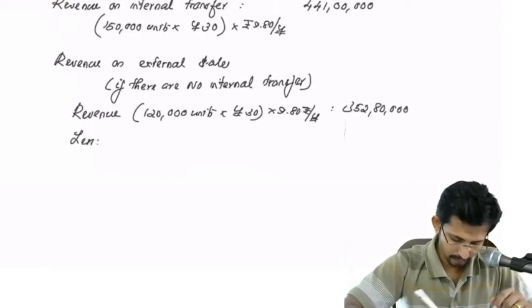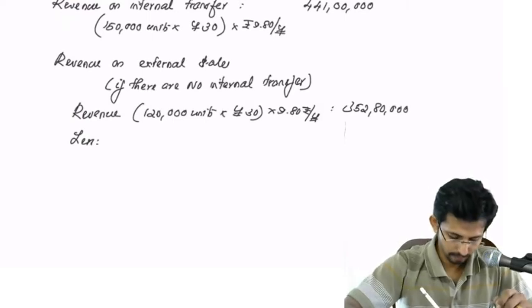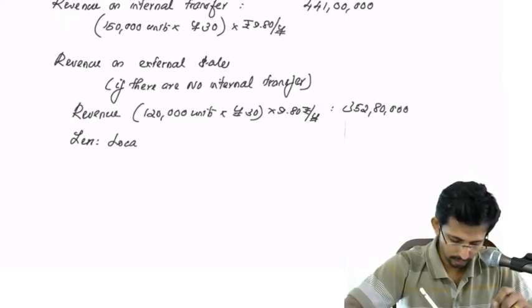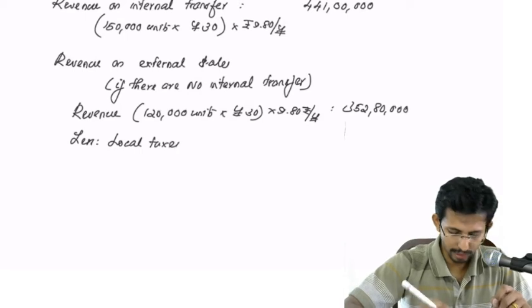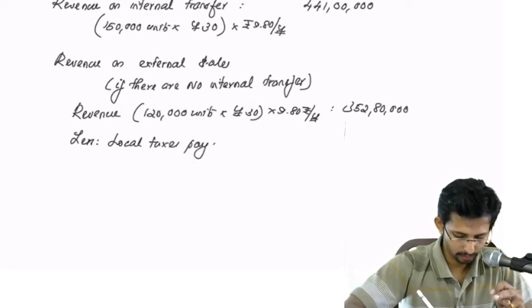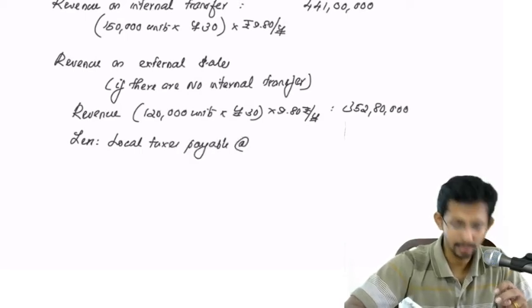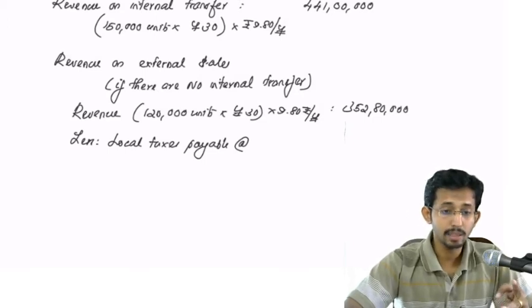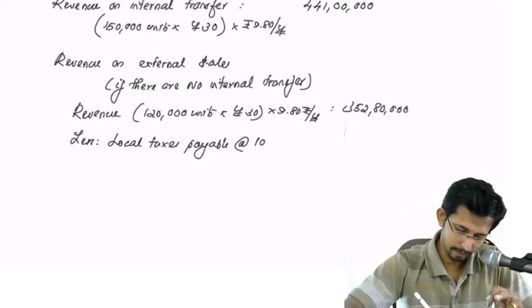Okay, then what do you have to do? Less taxes payable. Local taxes payable at, what is the local tax payable? It will be 10%.